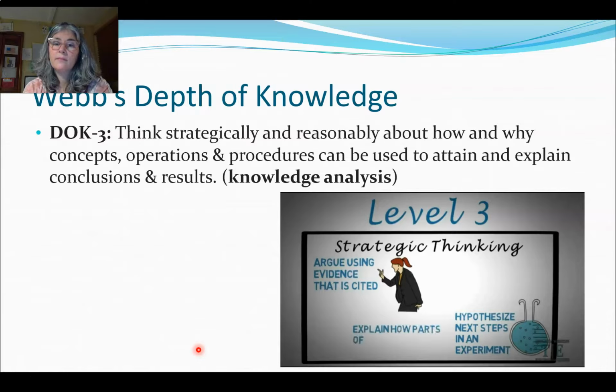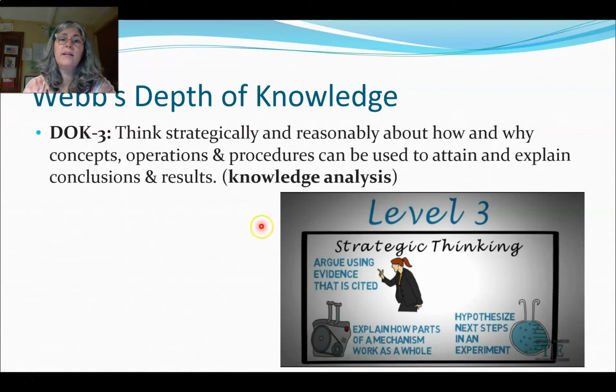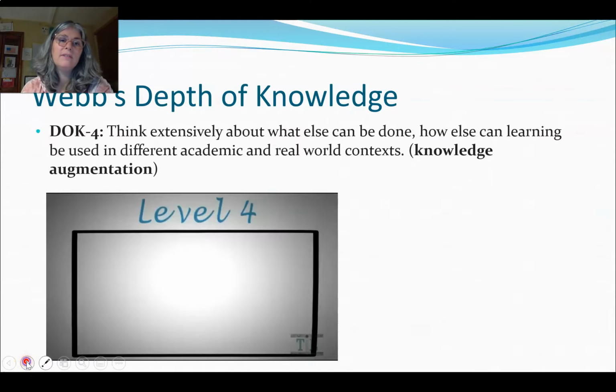Another example would perhaps be explain how parts of a mechanism work as a whole, where students have to imagine how each individual part has an effect on all other parts. So I see this level as being similar to analysis and also having a bit of evaluation in there as well. The idea of being able to really reason about the information and explain your conclusions.